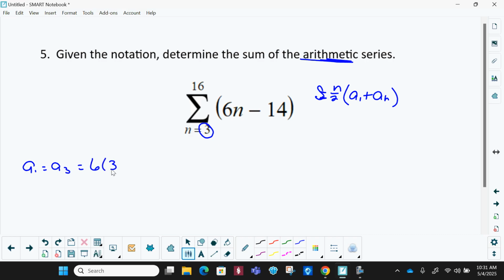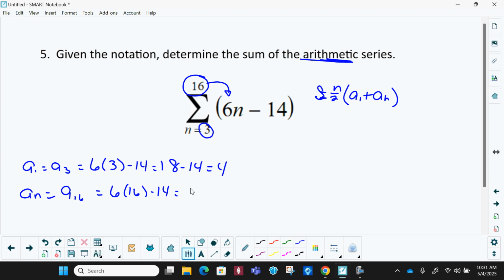So 6 times 3 minus 14, which is 18 minus 14, which is 4. My a sub n term, which is that last number on the top, is 16. So now I'm going to plug that 16 into the equation. So 6 times 16 minus 14, and if I remember rightly, I believe it is 82.